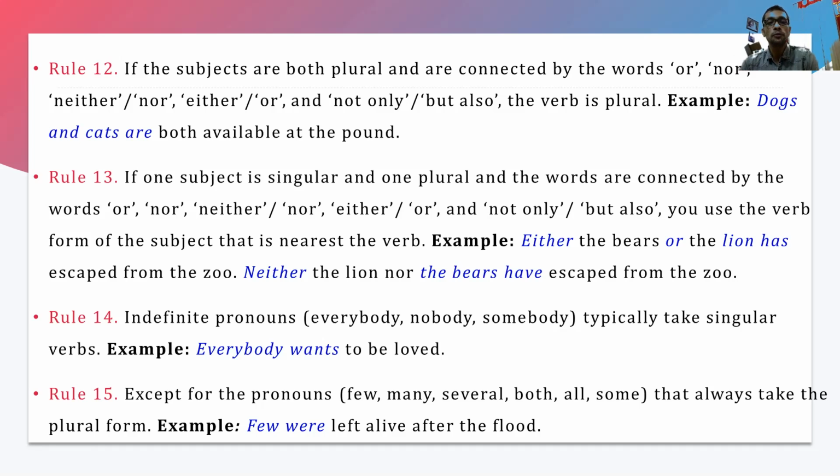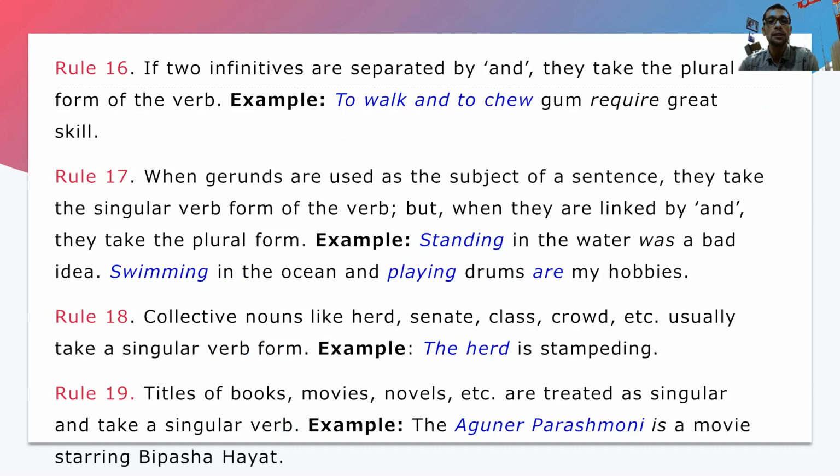Okay, dear students, moving on to the next slide. Rule number 16: if two infinitives are separated by and, they take the plural form of the verb. For example, to walk and to chew gum require great skill. You can see there are two infinitives followed by and, so the verb is plural, that is require, not requires. Rule number 17: when gerunds are used as the subject of a sentence, they take the singular form of the verb.